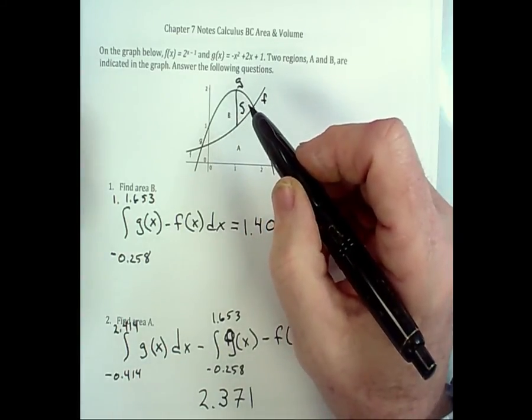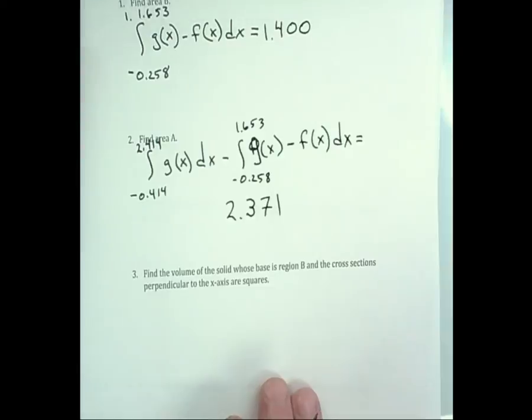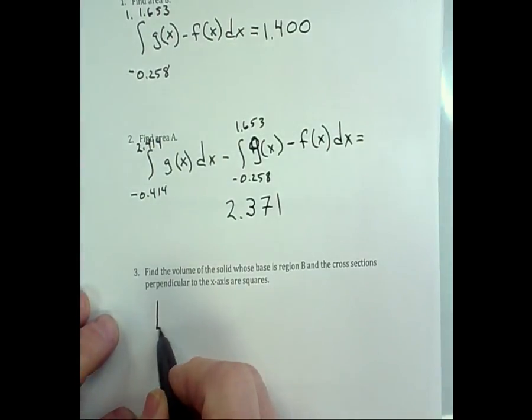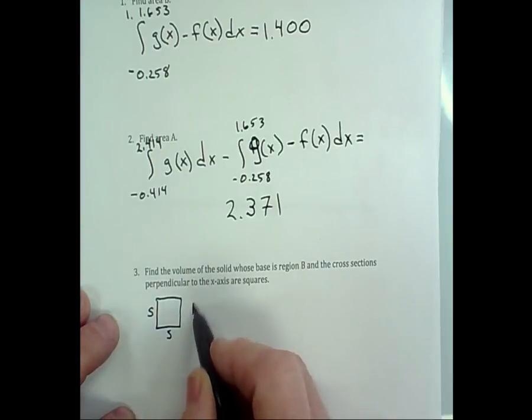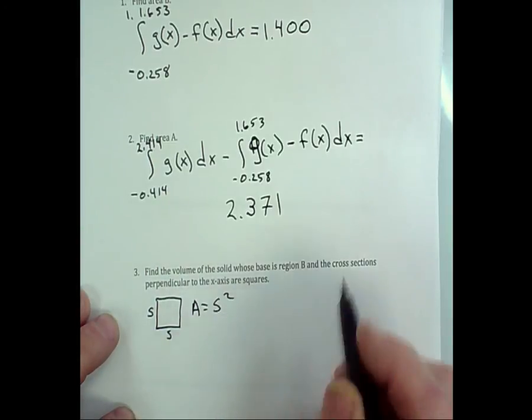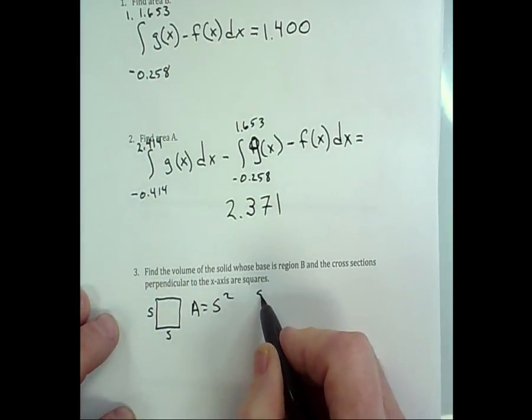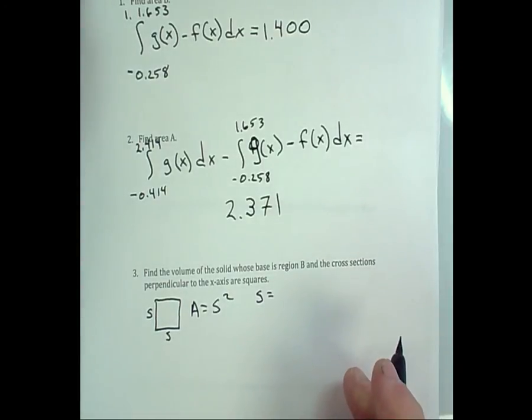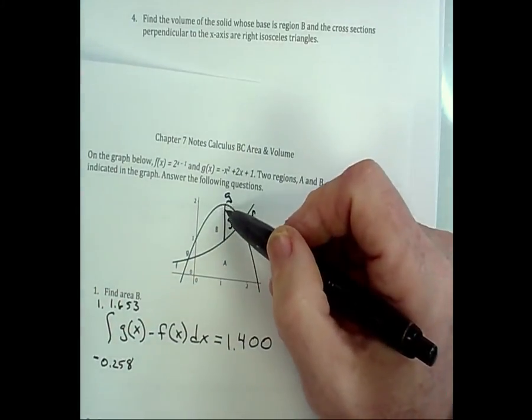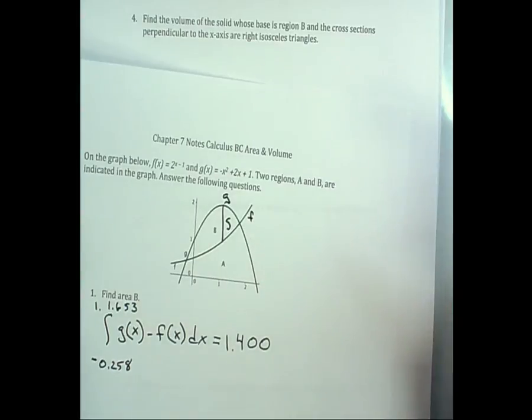I create a little square, and the area is S squared. I have to figure out what S is. S is the distance between g and f, correct?